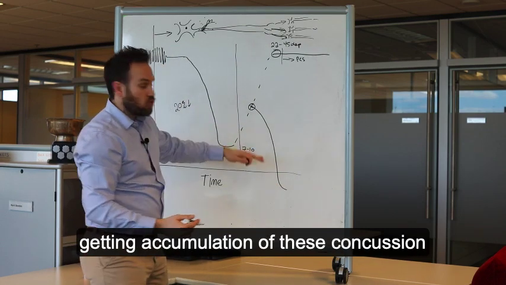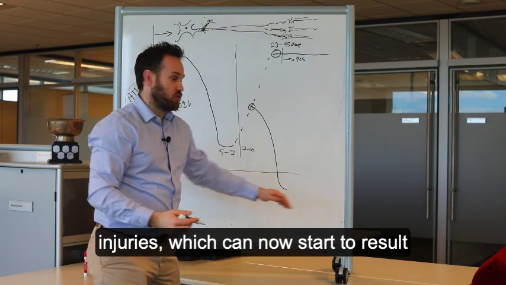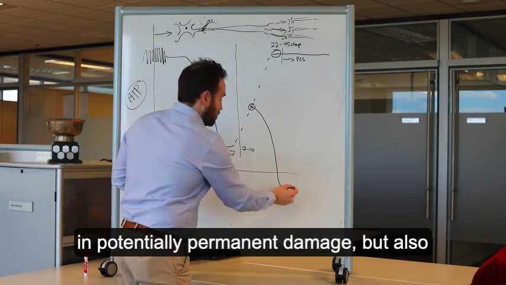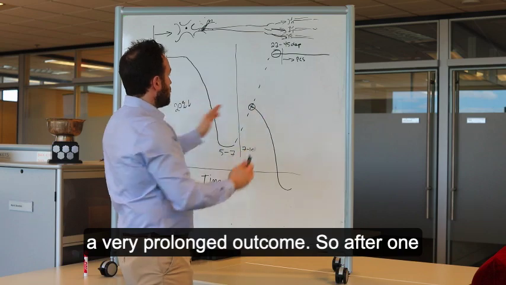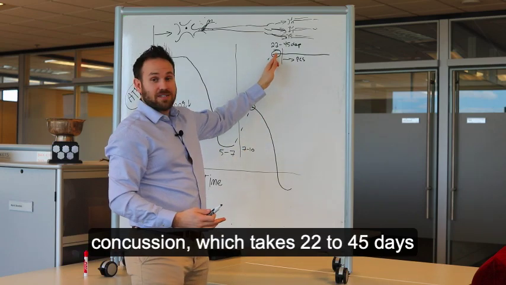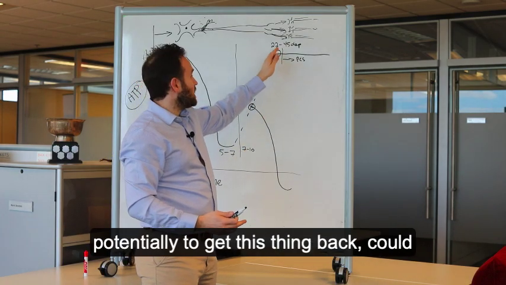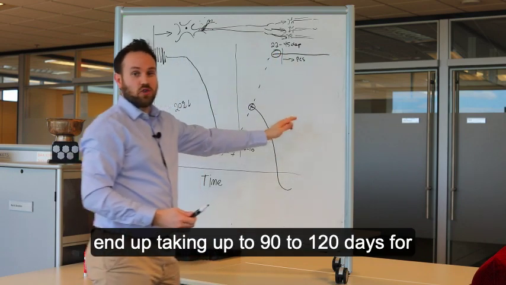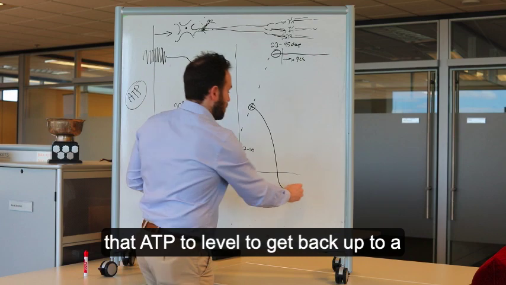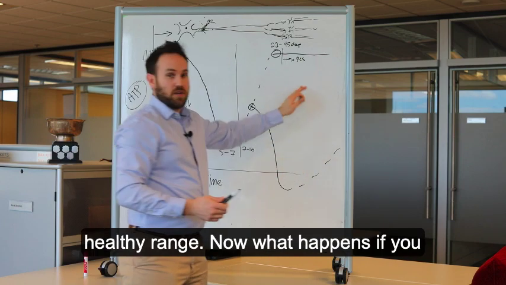So now you're getting accumulation of these concussion injuries, which can start to result in potentially permanent damage, but also a very prolonged outcome. So after one concussion, which takes 22 to 45 days potentially to recover, it could end up taking 90 to 120 days for that ATP level to get back up to a healthy range.